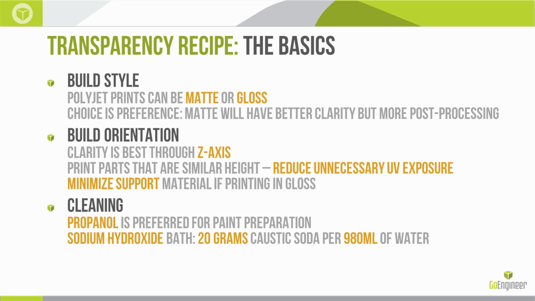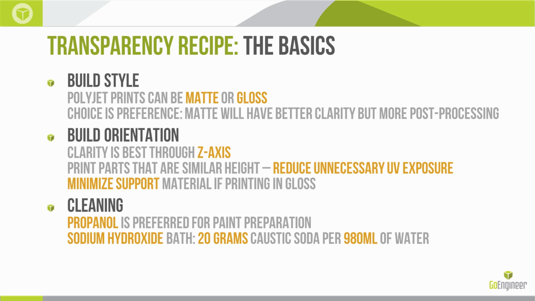PolyJet prints, when we go to print them, we can choose the surface finish. We can choose matte or we can choose gloss. If we choose gloss, the part is going to print with the minimum amount of support material. And anywhere where there's no support material, it will have this nice gloss finish. We use that a lot for models that need to look good or models that we might want to use for master patterns for molding or injection molding, something like that.